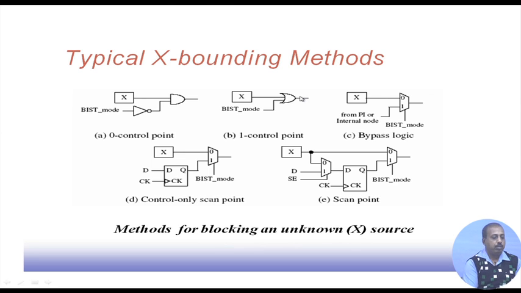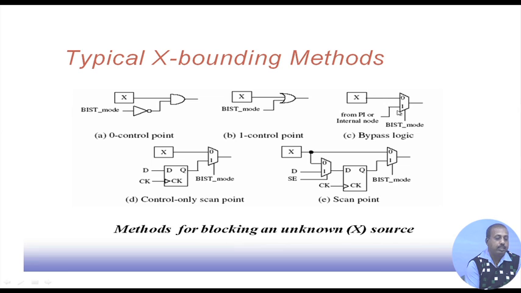Sometimes another possibility is to use a bypass logic. So, in bypass logic what is done? Maybe from a primary input or some internal node the value is coming, and this x value is coming. In the BIST mode, it will bypass this particular x value. It will take the value from either a primary input or some internal node which is not x.